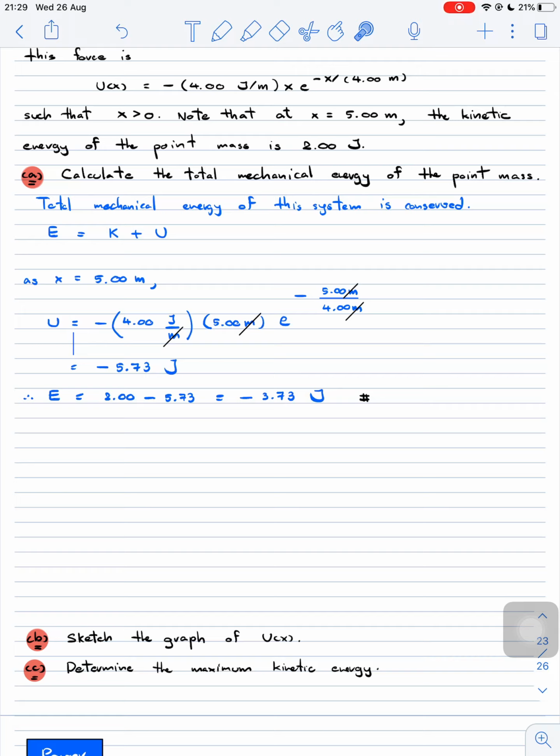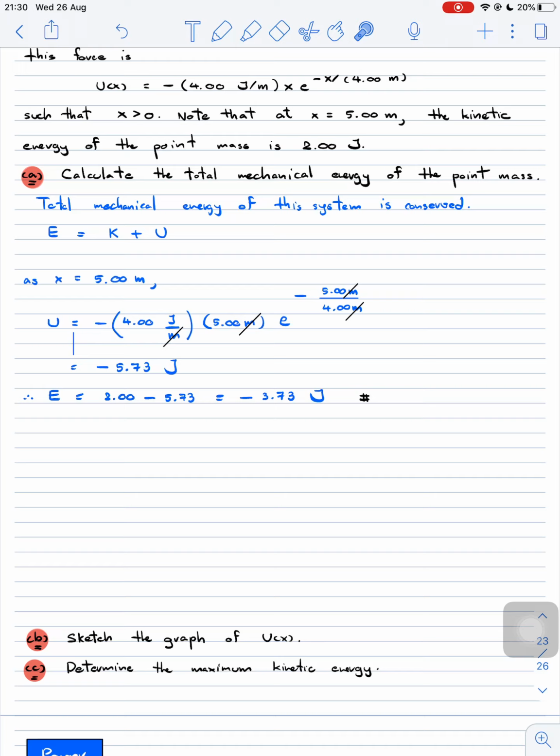The mass is positive and v squared is positive, so the kinetic energy of the particle must always be positive. But for U, the potential energy, it can be positive, negative, or zero, depending on the reference level, remember.